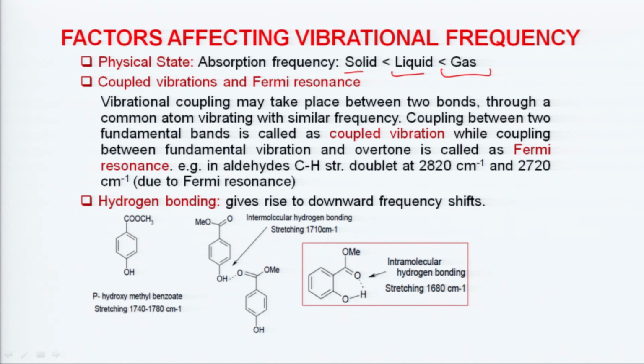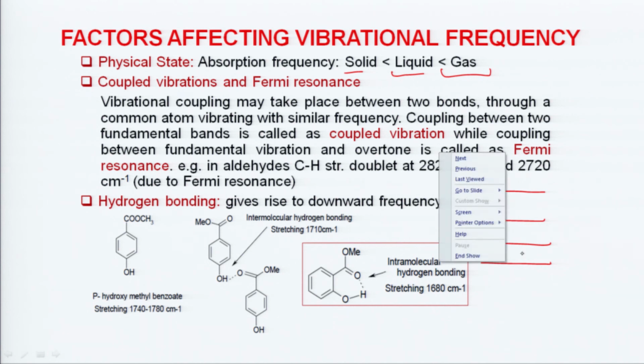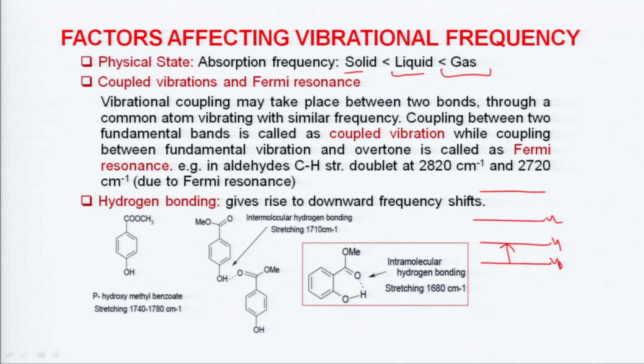These are the vibrational levels V0, V1, V2, V3 and so on, successively. If we move from V0 to V1, or V1 to V2, this is a fundamental vibration, meaning ground state to first excited state.